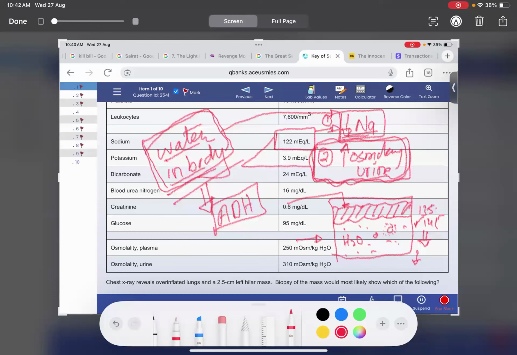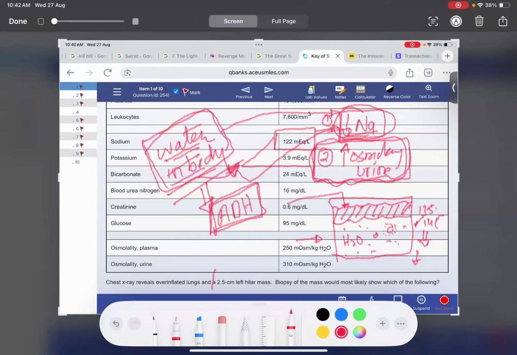So this patient most likely has euvolemic hyponatremia due to increased water retention in the body. This is called euvolemia. So what is basically the cause of increased ADH in the body? Paraneoplastic syndrome in this question. Yes, perfect.